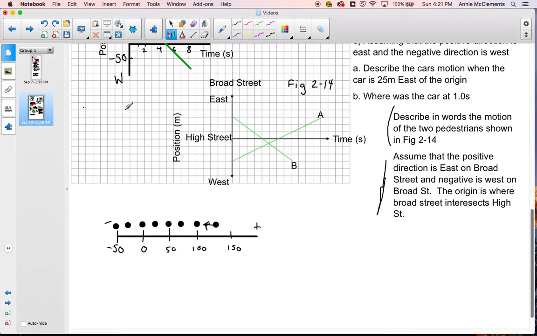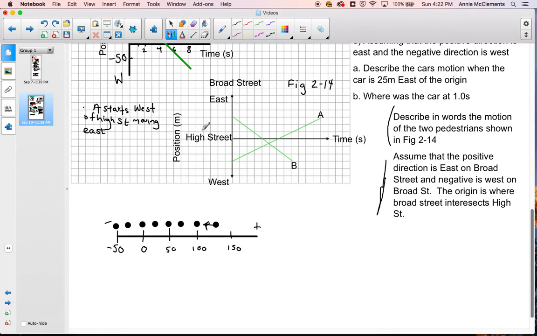So we can say A starts west of High Street, moving east, okay? B is the opposite, right?